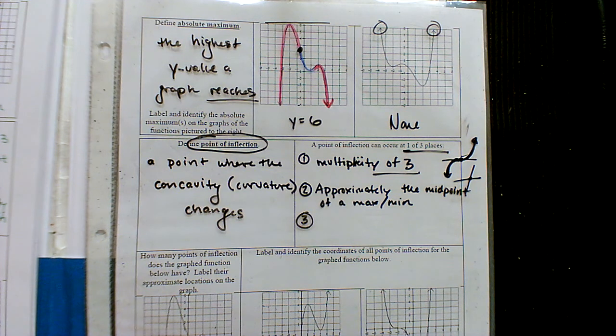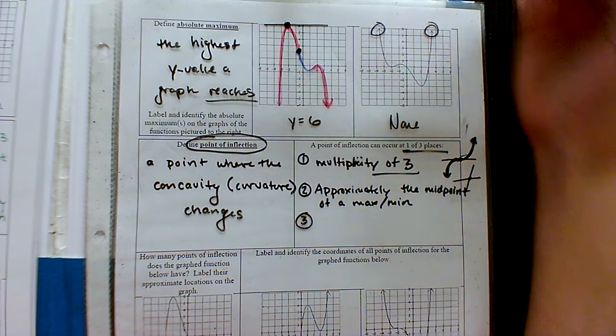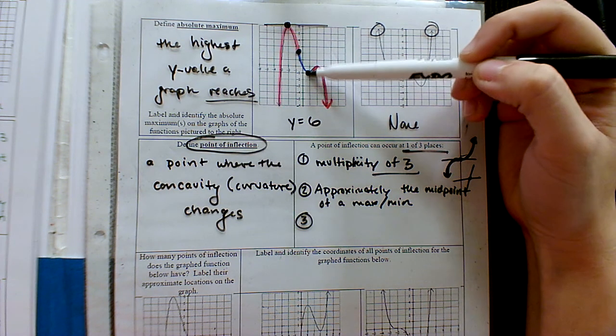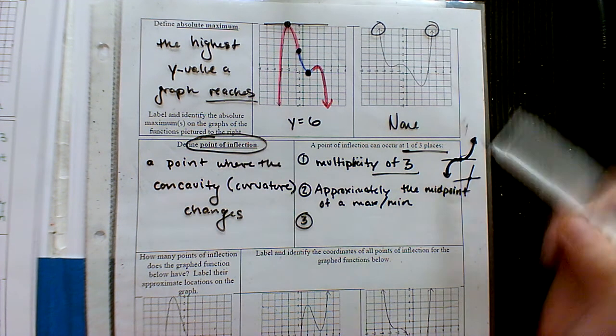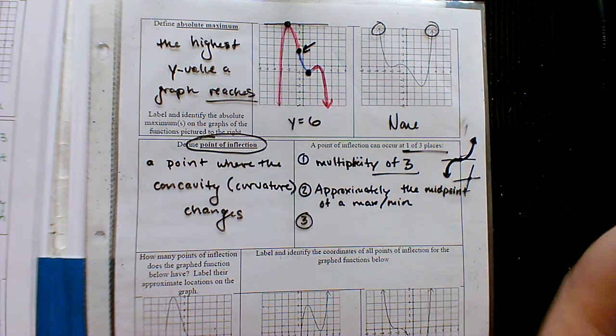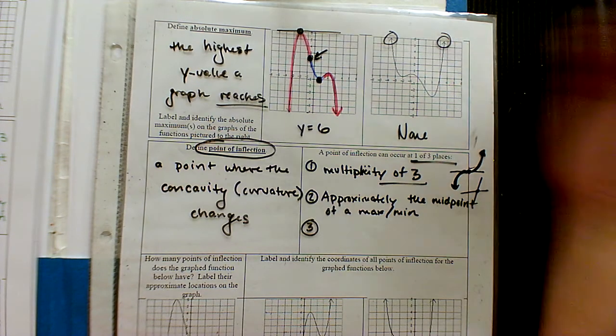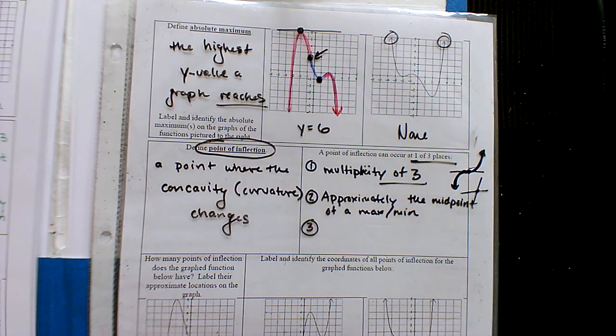So what I mean by that is if you take a look at the graph at the top that I have in blue and red, notice how we have a maximum at the very top and then a relative minimum there at the bottom. Notice how this point of inflection that we roughly found is in the middle of the 2. Do you see how it's about in the middle? That's another spot where we can change concavity.